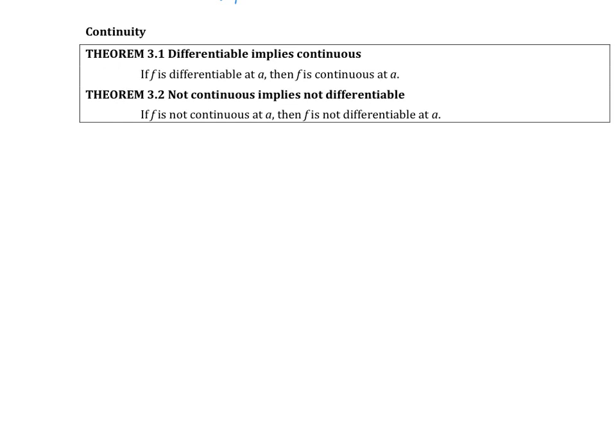So what is the relationship with continuous functions and differentiable functions? In theorem 3.1, it says that differentiable implies continuous, which means that if a function is differentiable, then it's also continuous. This does not work in reverse. Just because a function is continuous does not mean it's differentiable.